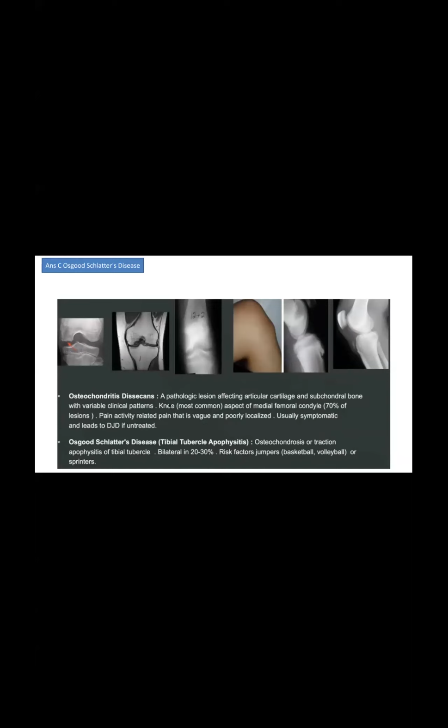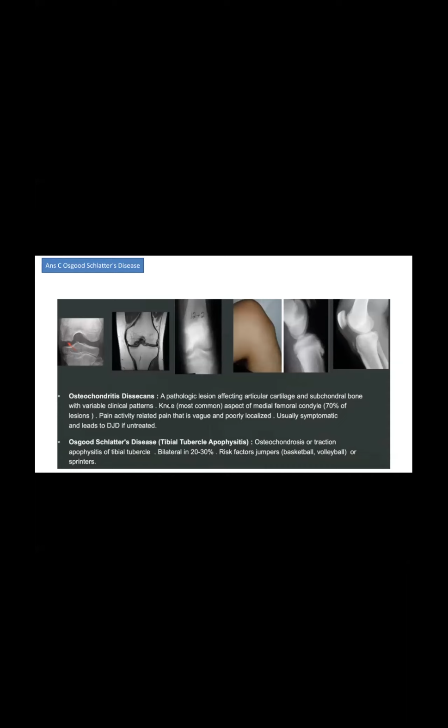Just remember, there is apophysitis of the tibial tubercle. If you ask me in layman's terms, the tibial tubercle becomes eroded by traction. Bilaterally it could be, or unilateral, mainly in those who are doing jumping, basketball players, sprinters, they are affected more.